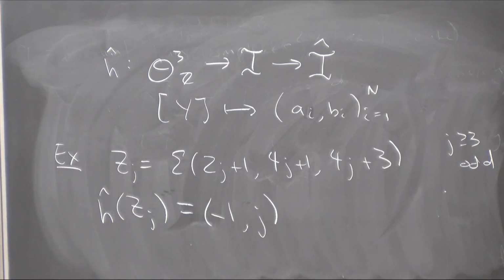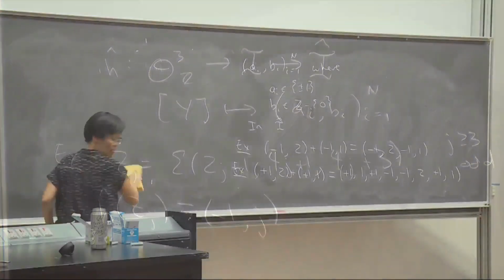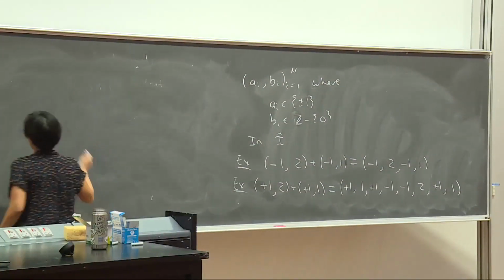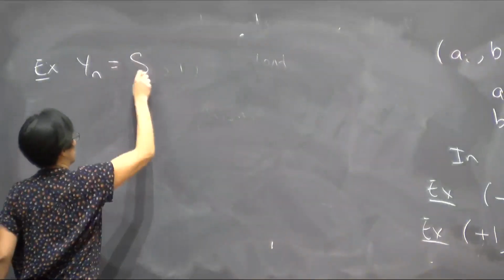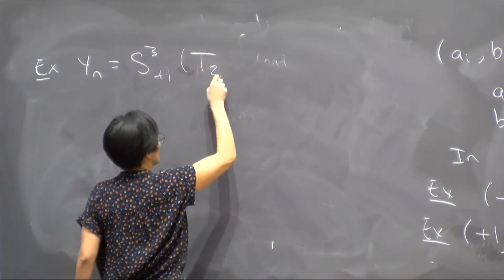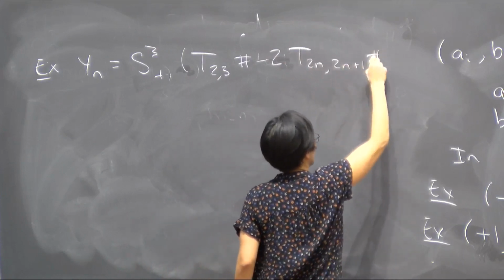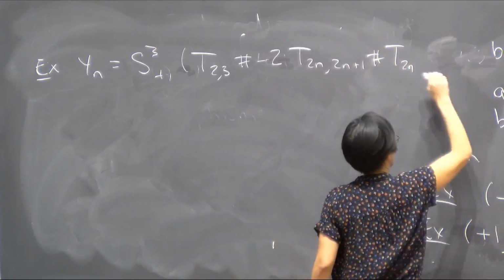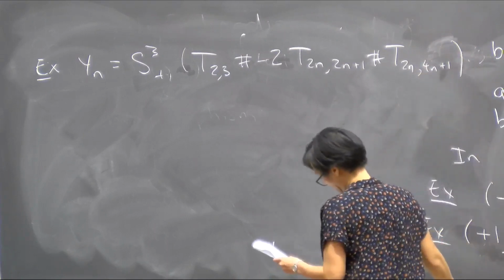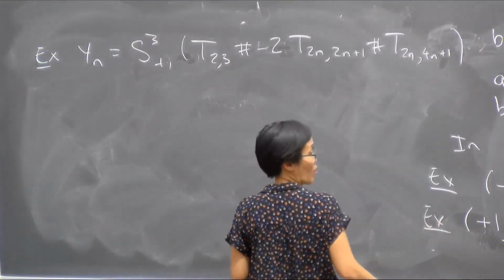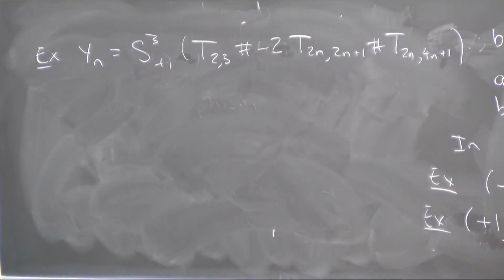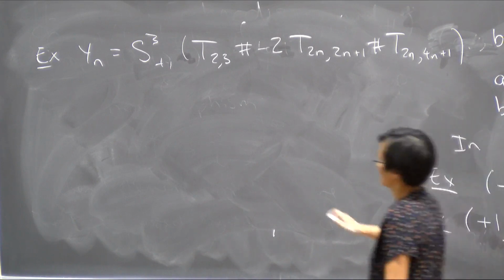Let me give you a couple more examples. The next example will be these manifolds Yn, which will be plus 1 surgery on T(2,3) connect sum minus 2 T(2n, 2n+1) connect sum T(2n, 4n+1). Here we want n to be at least 3 and n odd.